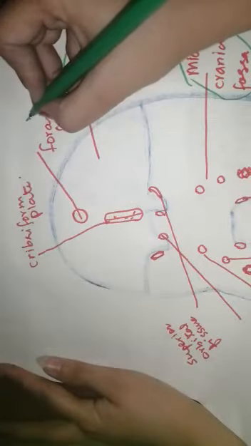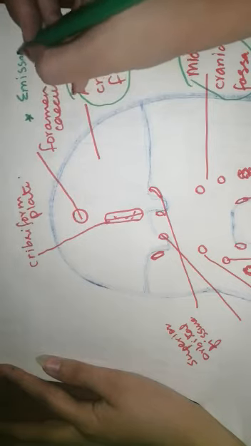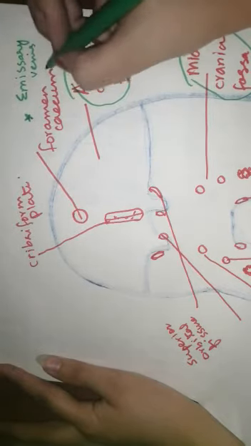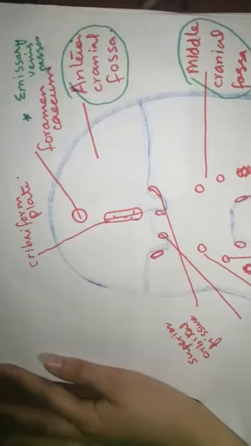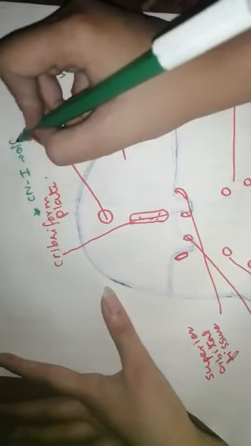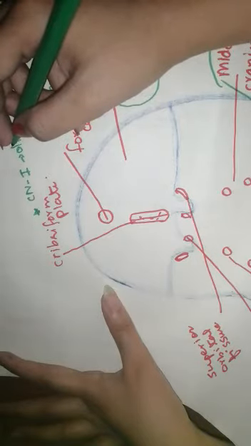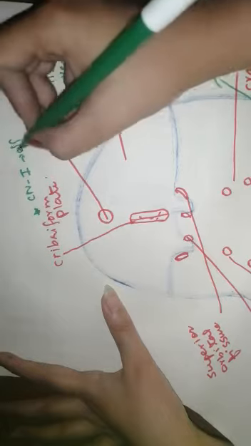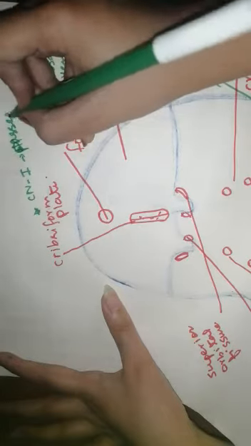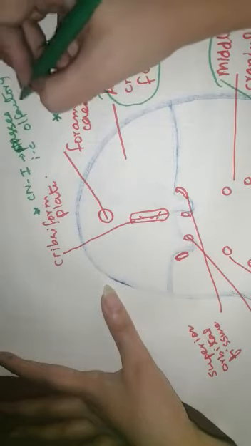Now from the foramen cecum, emissary veins pass. From the cribriform plate, cranial nerve 1 passes, that is the olfactory nerve.